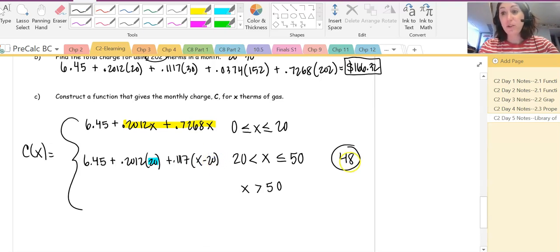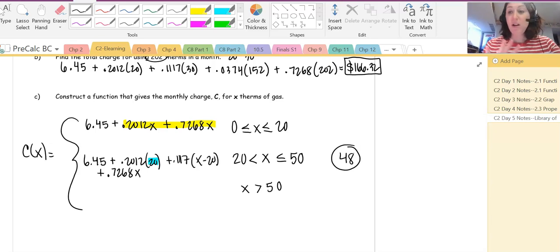Because like if you, let's say this was 48 therms, you paid for 20 of them, you would be paying for 28 therms still. 48 minus 20 is 28. And again, 48 is just my imaginary number that I'm thinking of. Okay, but wait, there's more. We still have that, what was it, gas supply charge? So plus 0.7268, and that is times every therm, so times X. Okay, you still with me?